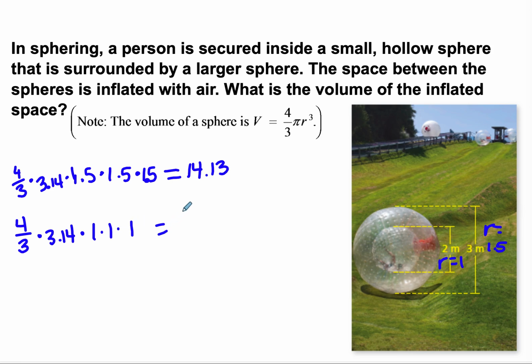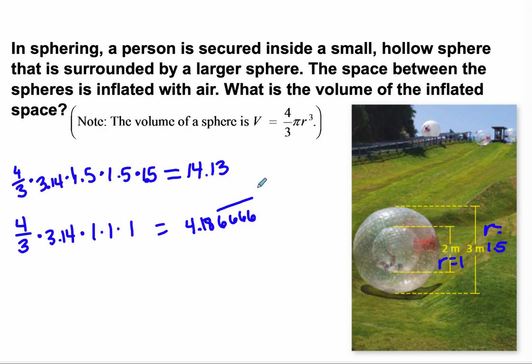Okay, so let's go ahead and calculate that out. 4 divided by 3 times 3.14, and then times 1 times 1 times 1 is not going to change the value. So let's see, I have 4.186, and the 6 is repeating, and so on.